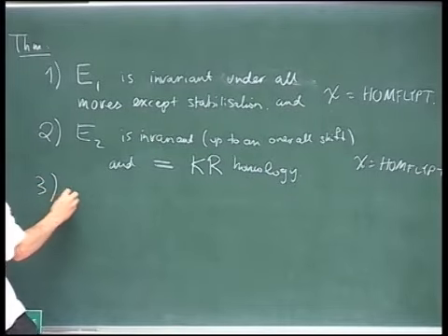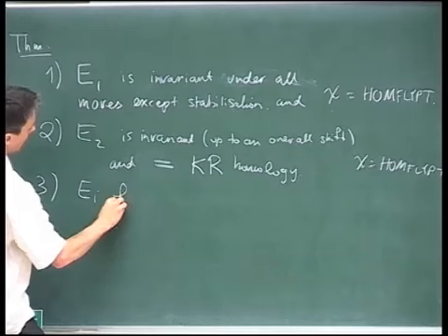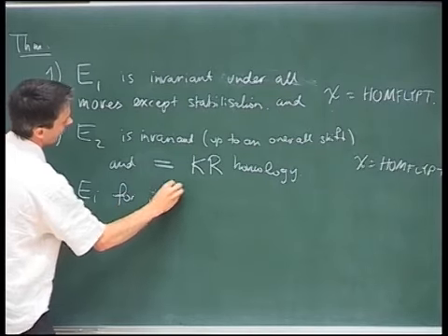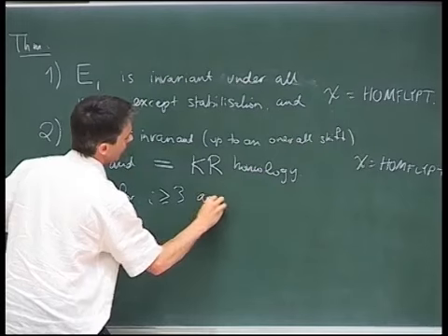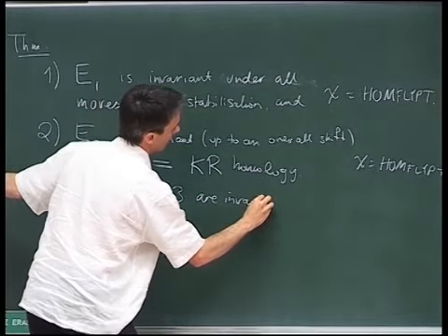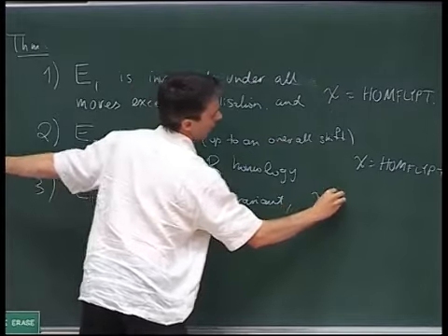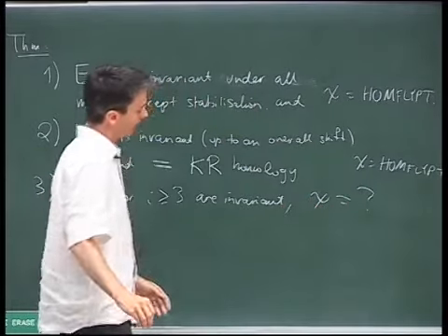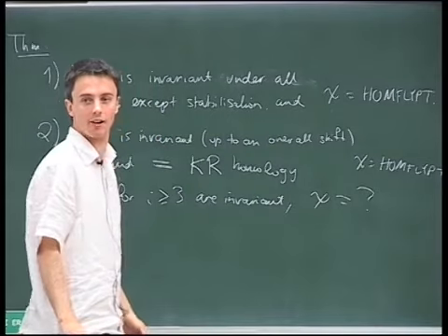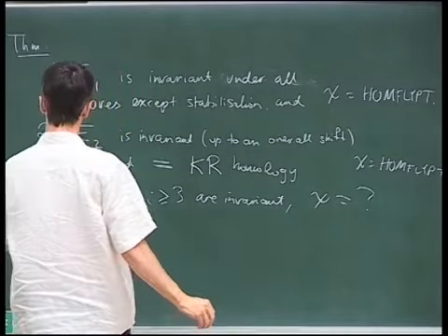And then the Ei for i greater than or equal to 3 are also invariant. But it's not at all clear what their Euler characteristic should be, at least not to us.